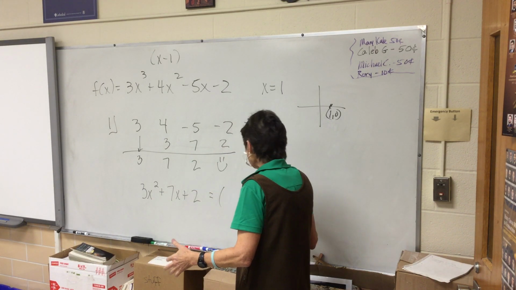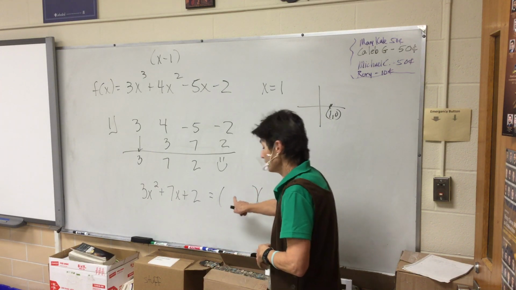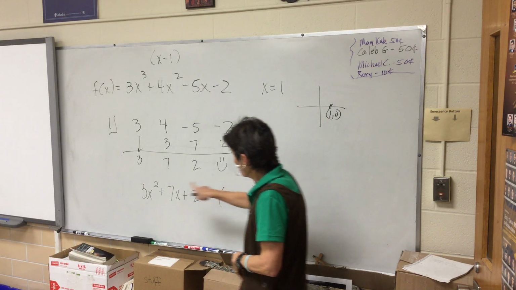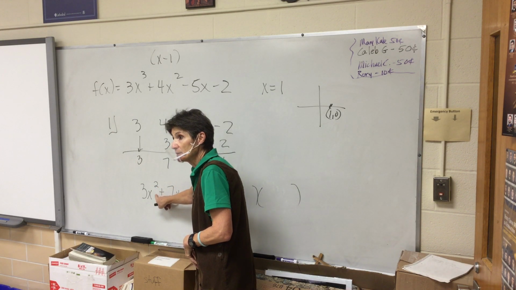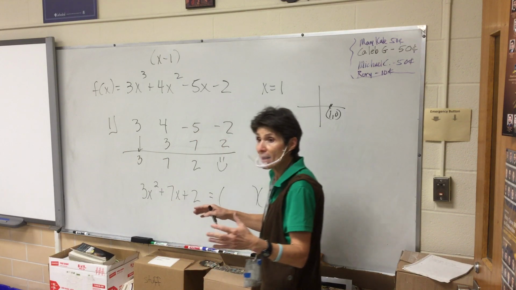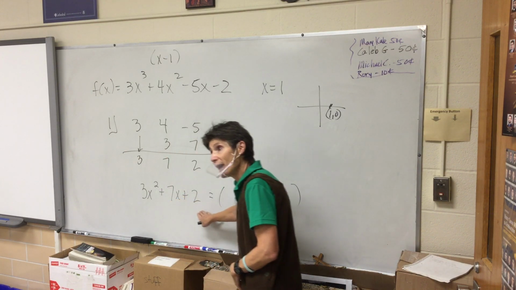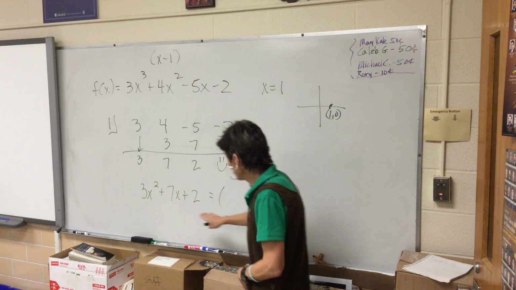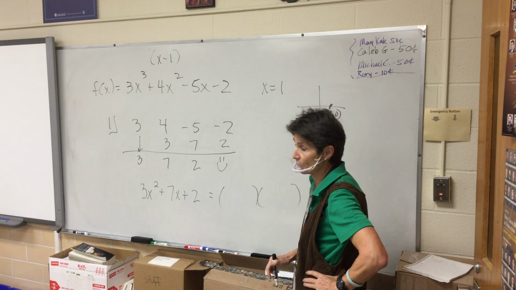How can I get the other two answers? Well, I can factor them, or I could use the quadratic formula. Either way, it doesn't matter. After you do the division, this is a quadratic, so you're going to be able to use the quadratic formula if that's easier for you.